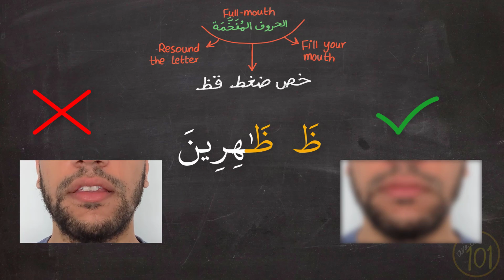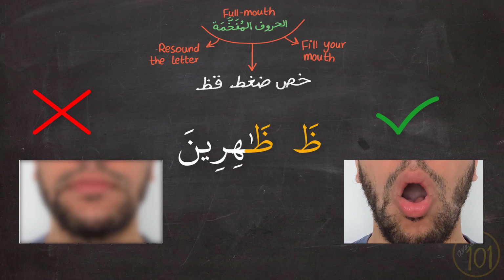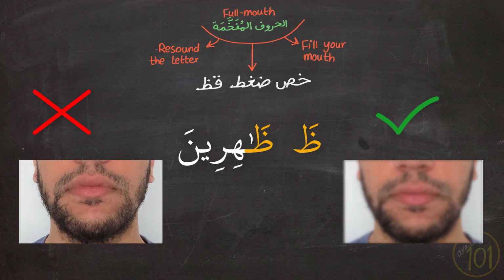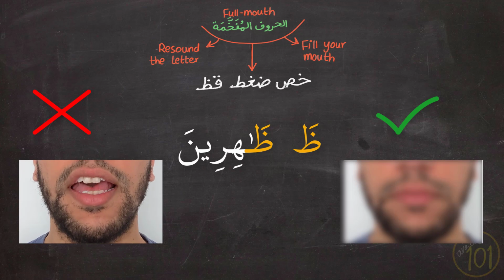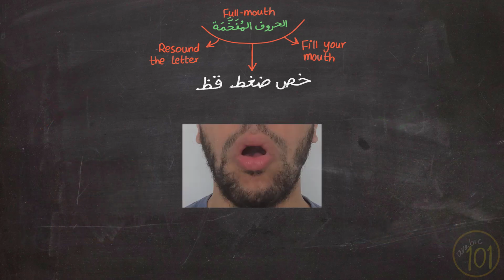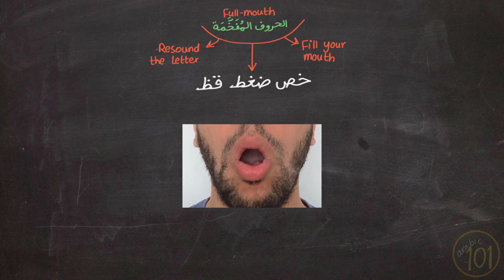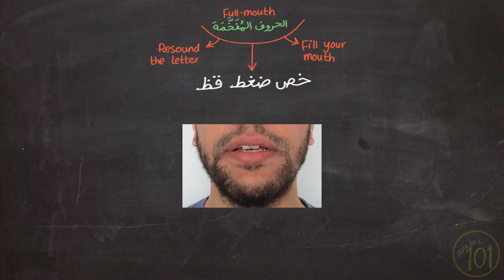Dha, ظاهرين. غ, غيب. غ, غيب. So you try and fill your mouth with these letters to make them as full as you can. Let's see how they sound like in an example.